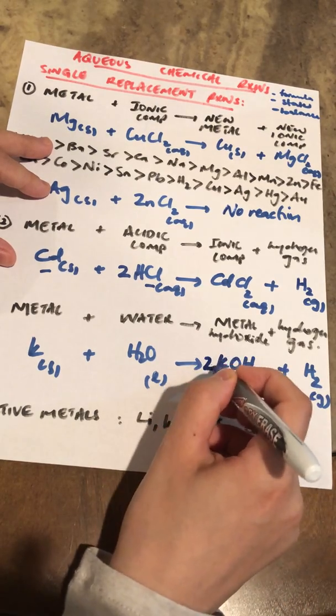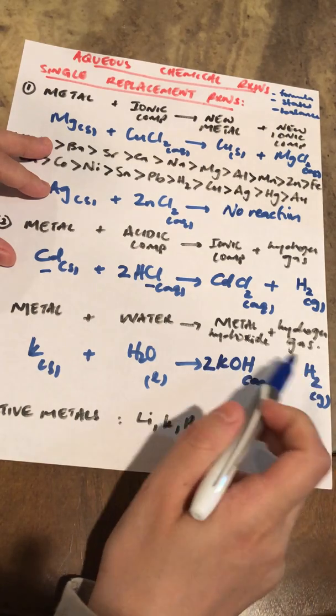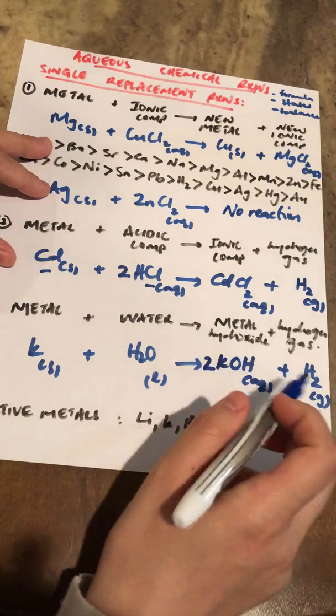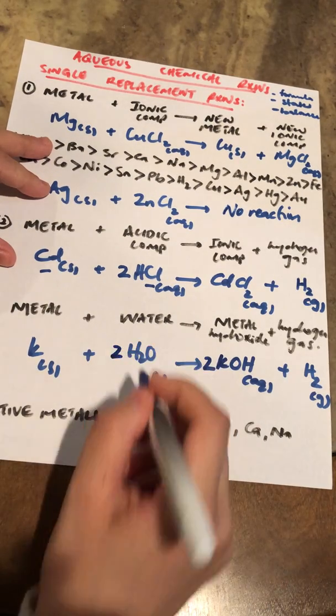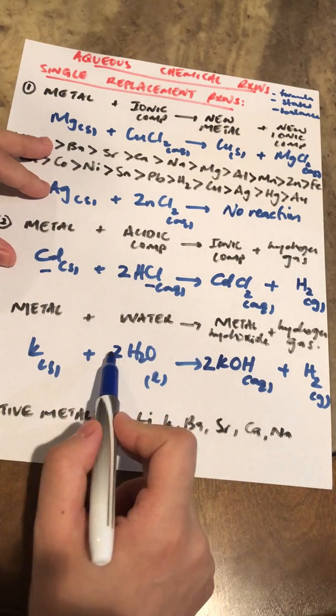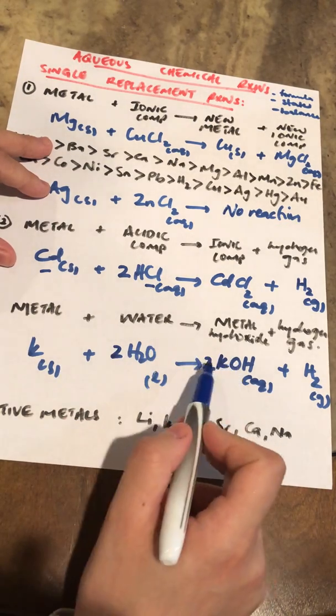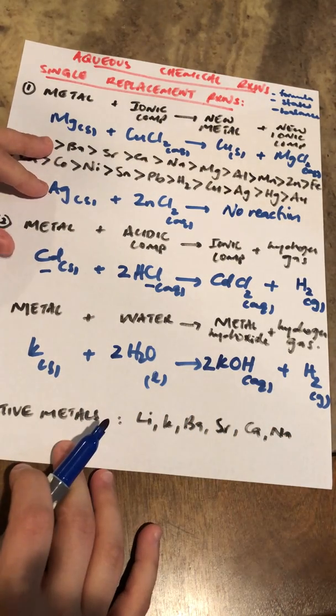So therefore we're going to add a coefficient of a 2, so that's 2 hydrogens plus another 2, that's 4. And if we go back to the other side, we have to actually include a coefficient of a 2. 2 times 2 is 4, and then for the oxygen we have 2 oxygens and 2 oxygens, so therefore we have a balanced chemical equation.